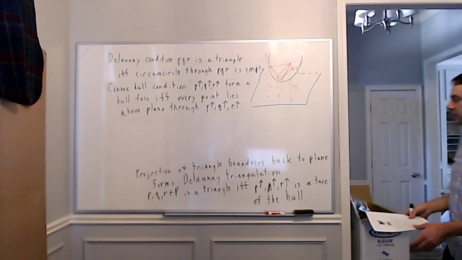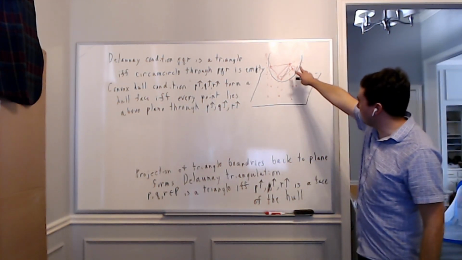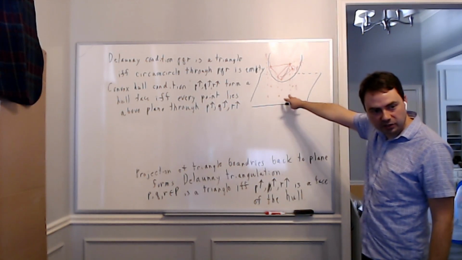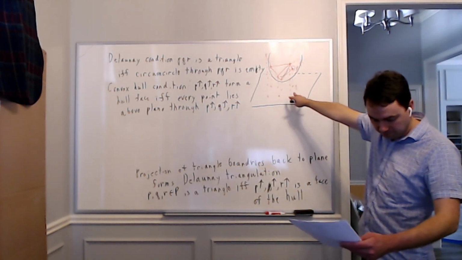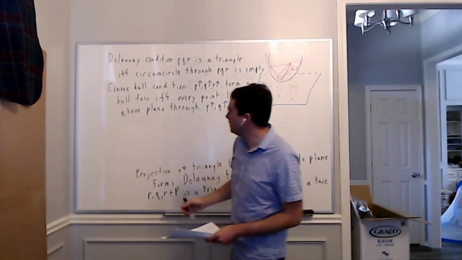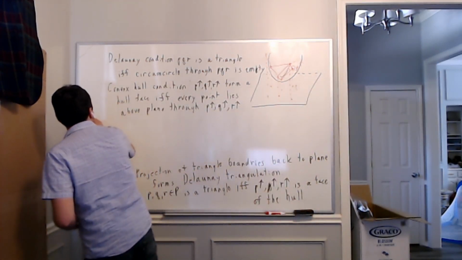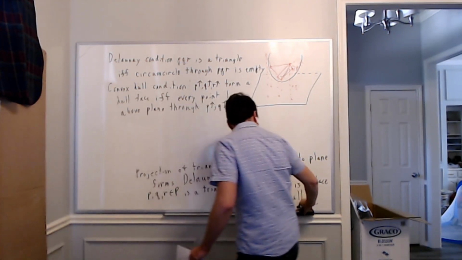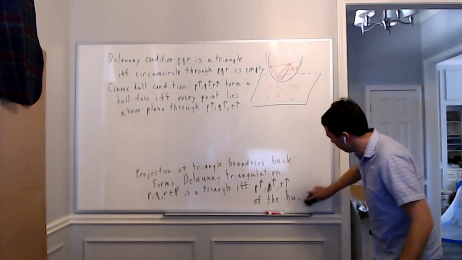So in order to prove this statement that the triangles in the convex hull correspond to the triangles in the Delaunay triangulation, I'm going to prove the following lemma.